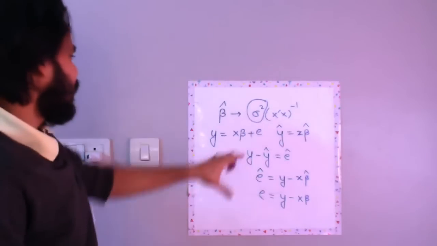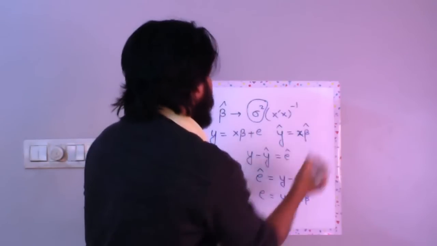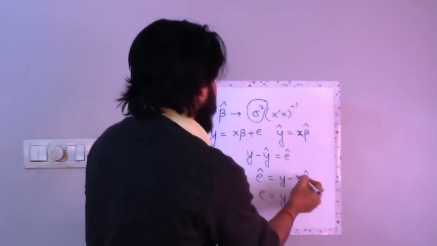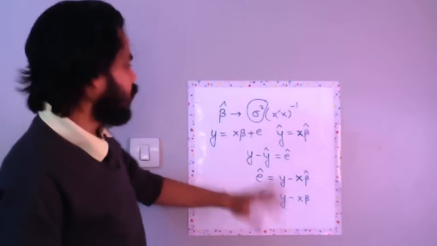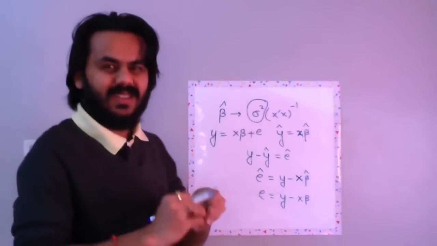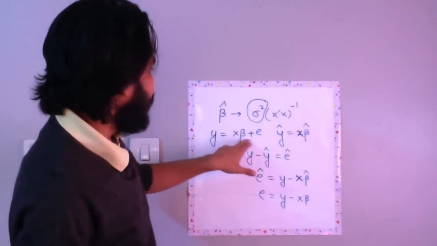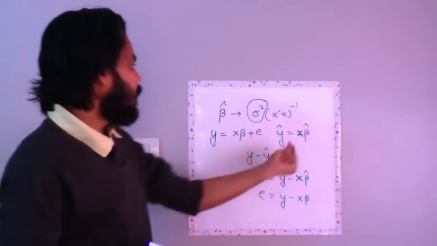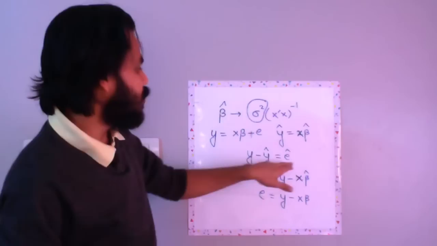Take all the x as the cross symbol, not the cursive x, because that will be confusing. So x beta plus e gives you y, x beta hat gives you y hat, and y minus y hat gives you e hat.